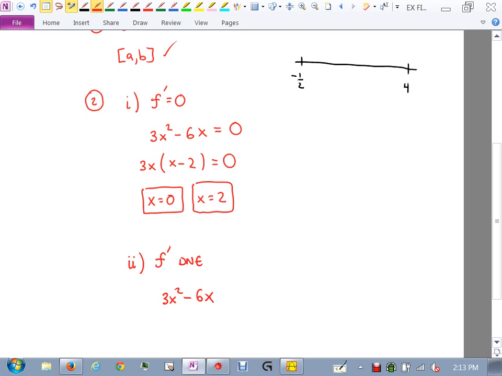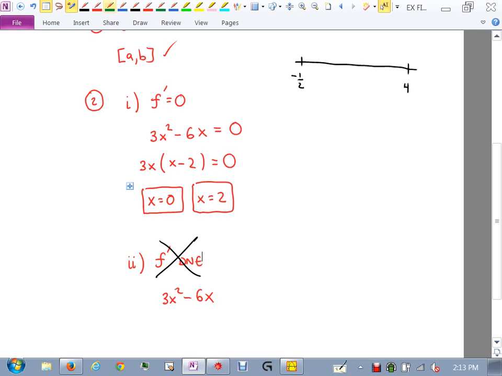So there's nowhere that you're going to get division by 0, square root of negative number, anything crazy like that. So because of that, this does not happen. You do not have to worry about anything making your derivative not exist. So the only two critical numbers you have are 0 and 2.